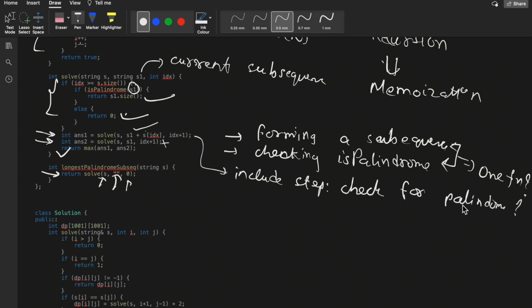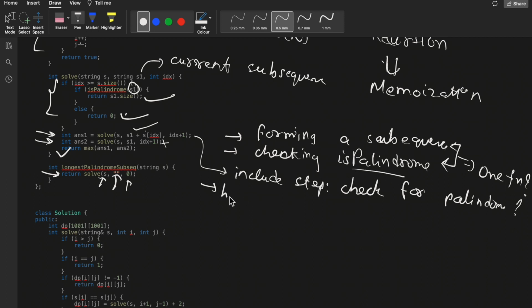That thing only we have to do, because whenever we are including a character, at that point only we can check whether the character that we are including can result in a palindrome subsequence or not. If the character that we are adding doesn't result in a palindrome subsequence, then we can discard it. Correct? Clear till here?